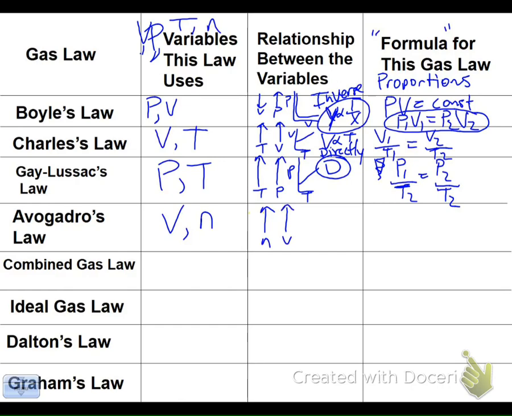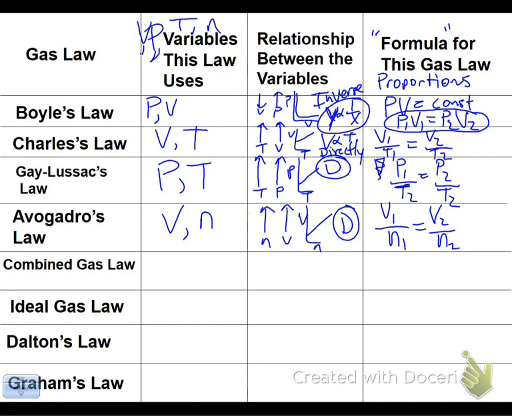So it's another direct proportion. So we'll have, again, this type of equation, which is just a proportion. If the volume doubles, what had to happen to the number of moles? It also had to double. That's what we mean by direct.